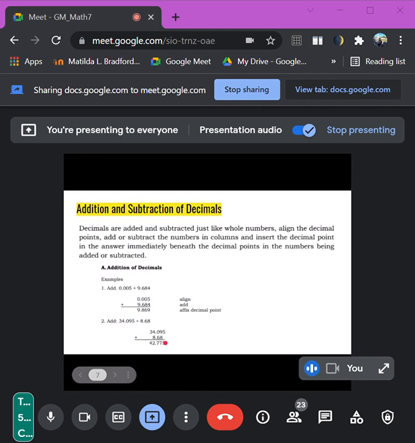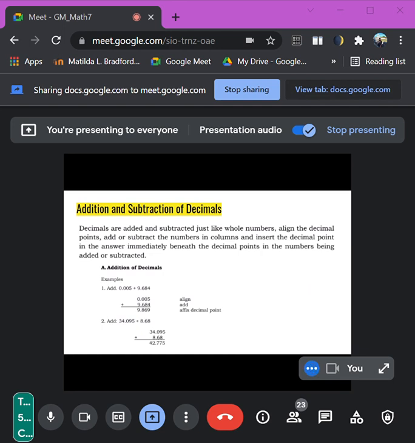So 5 plus 0 because there is nothing there, so that is 5. Or you can bring down. And then 9 plus 8, that is 17. So bring down 7, carry 1. 1 plus 0, that is 1 plus 6, that is 7. And then 4 plus 8, that is 12. Bring down 2, carry 1. So 1 plus 3, that is 4. So your answer is 42.6.